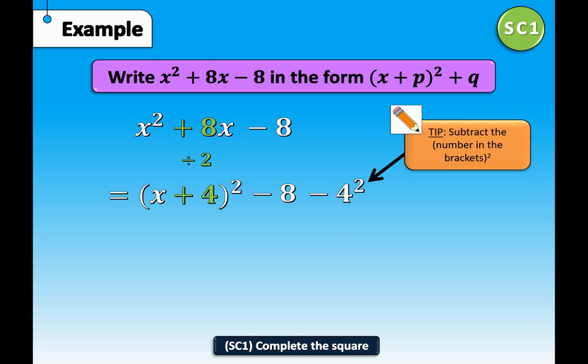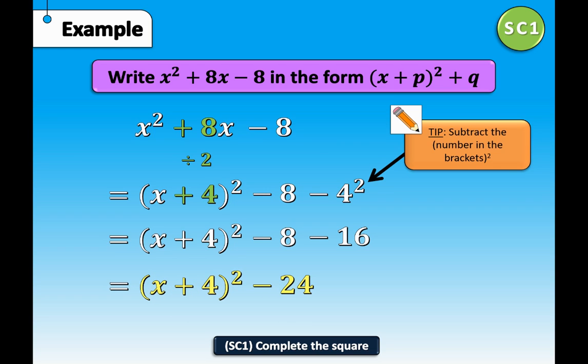So the number inside the bracket squared. So 4 squared is 16, and minus 8 take away 16 is minus 24. So in completing the square form, we've got x plus 4 squared minus 24.